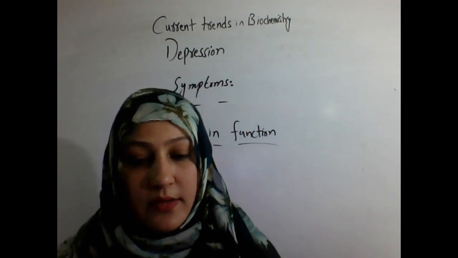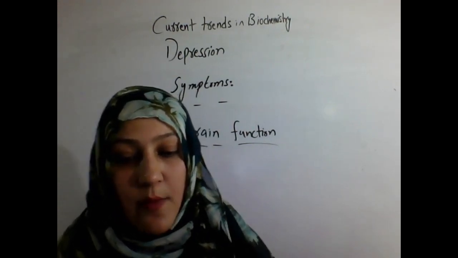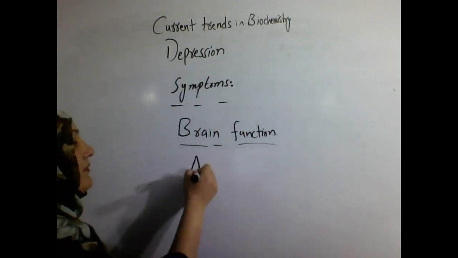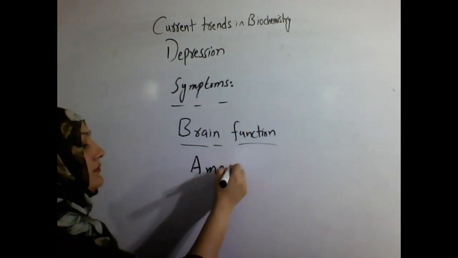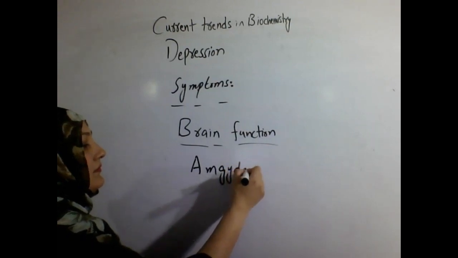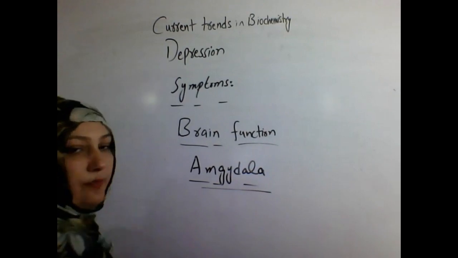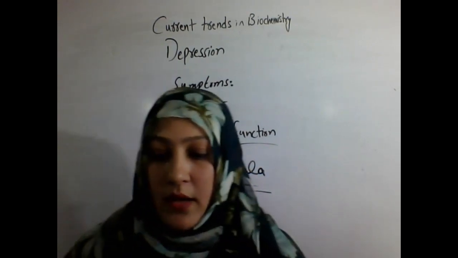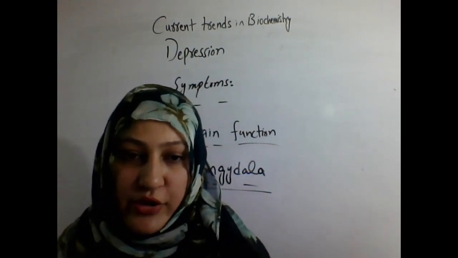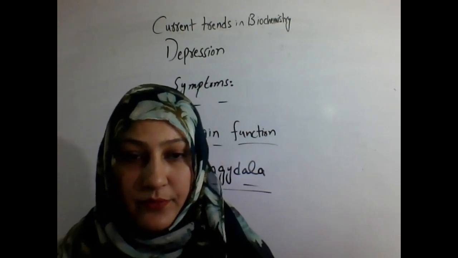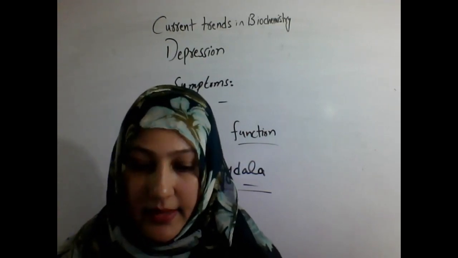Also, the other part of the brain, the amygdala, is a part of the brain which is associated with the emotional responses of persons.